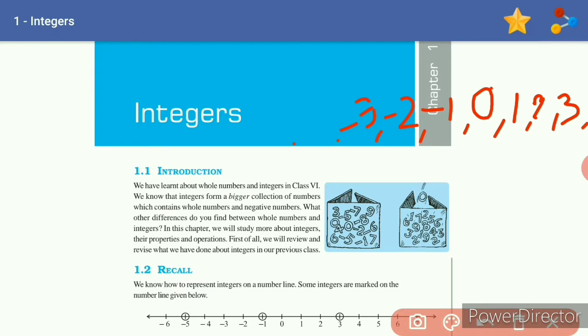So on both the sides, integers are nothing but the collection of positive numbers, 0 and negative numbers. Now in this class we will study more about integers, their properties, their operations. So let us start.